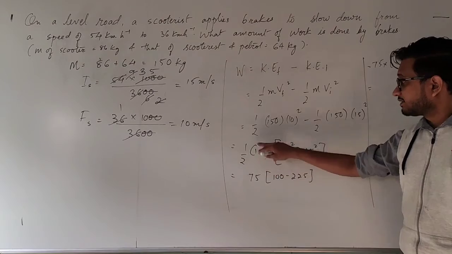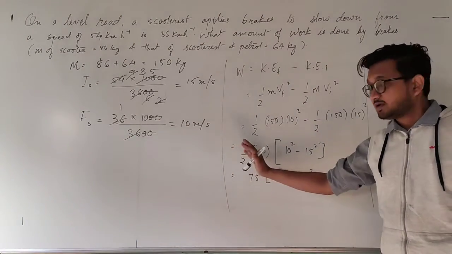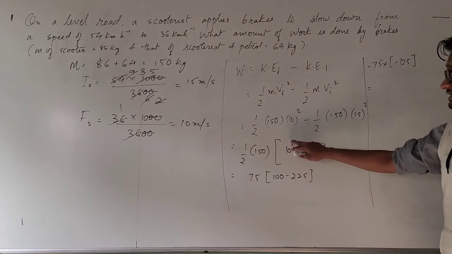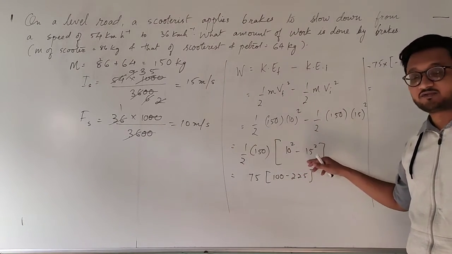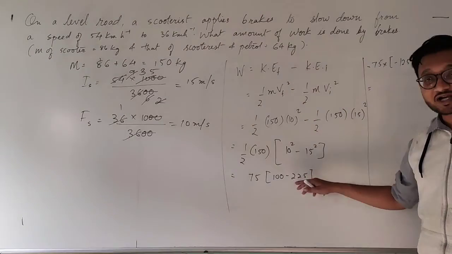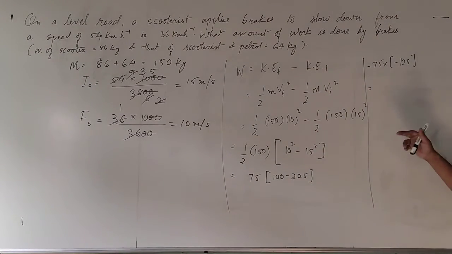Okay. Now 1 by 2 and 150 we have taken common. So what will remain inside is 10 square minus 15 square. Square of 10 is 100. Square of 15 is 225. Subtracting this will give me 75 into minus 125.